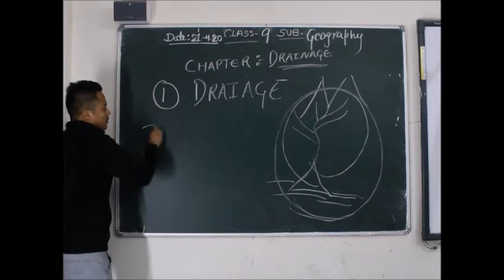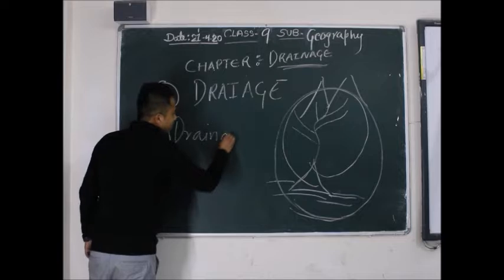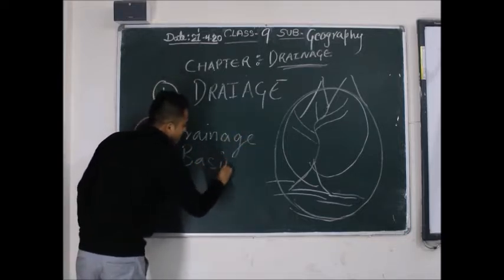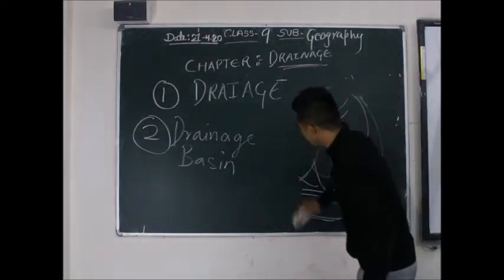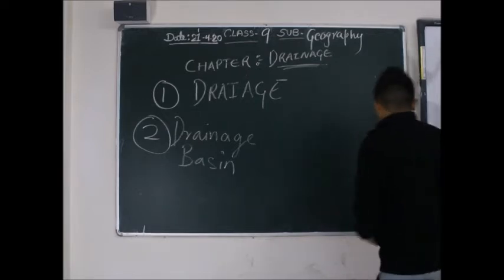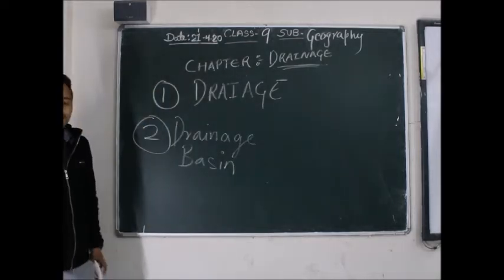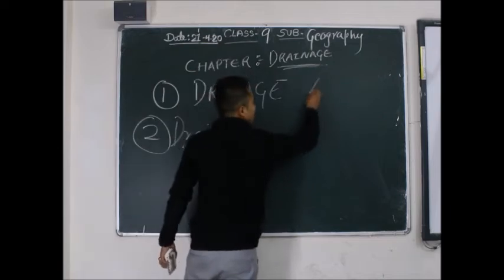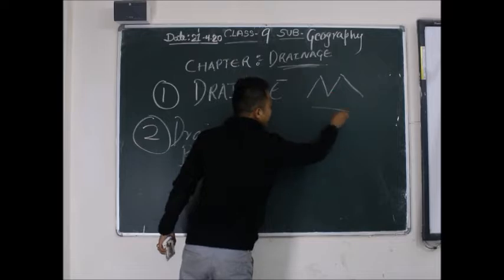And number 2 is the drainage basin. Now, what is a drainage basin? Drainage basin is the area where the river flows. Let's say here are the mountains, and this entire thing is the landmass.